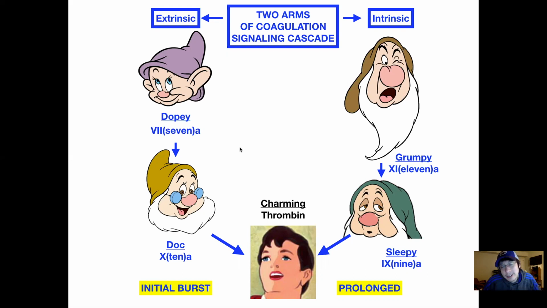But it's not an all or none thing. You have an initial burst of thrombin, but you need to sustain those levels of activated thrombin, or else the clot will start to fall apart, and it certainly won't grow. So let's talk about the initial burst.